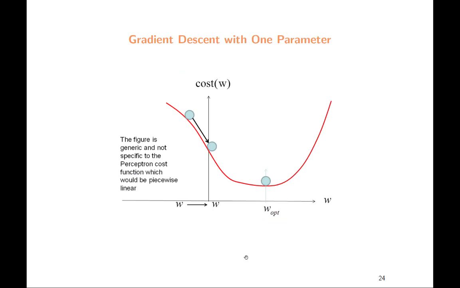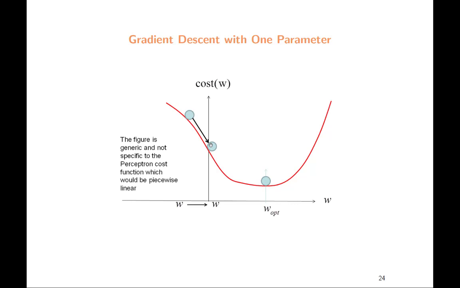So here is an example. It's not exactly the way the cost function for the perceptron looks, but it serves as an illustration. This red curve here is the cost function, and the input is the parameters. So it's not x, it's the parameters. Maybe you start your training here on the left, and then you want to move in the direction where this cost function gets smaller.